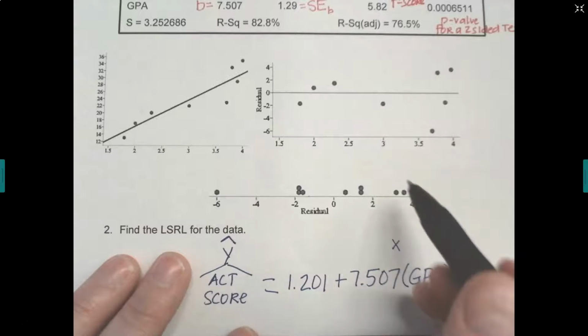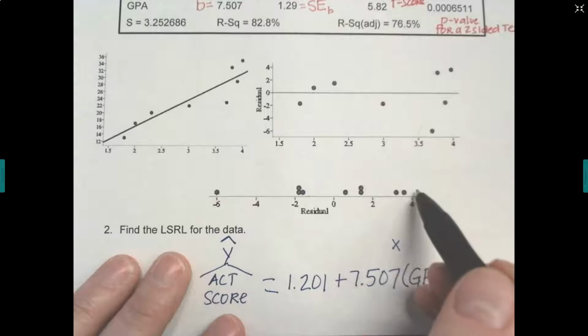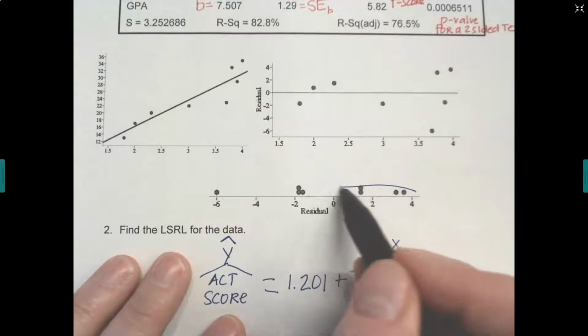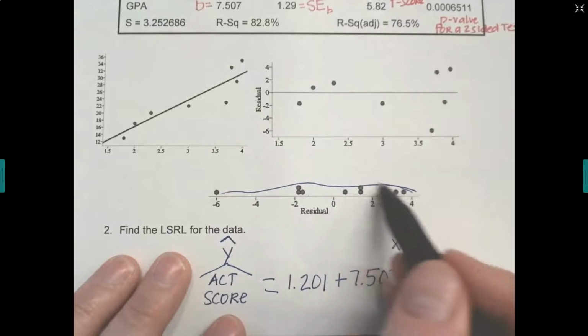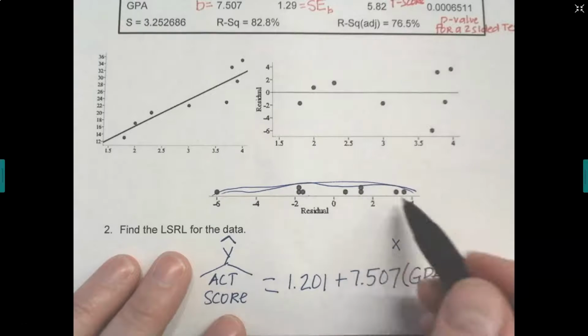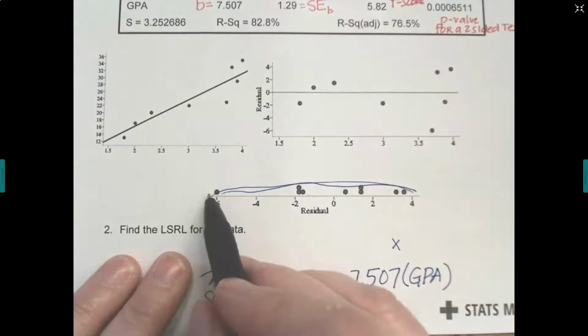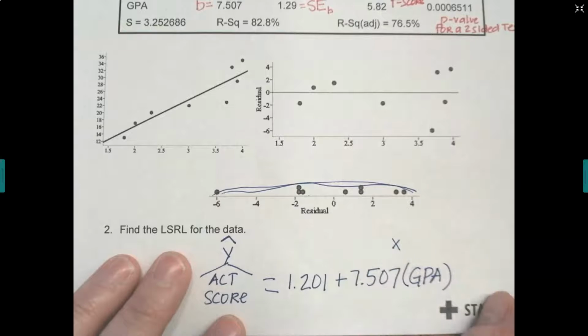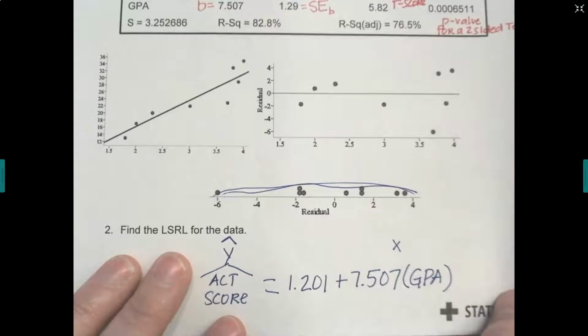Maybe this is a residual outlier. But it's kind of even. It's not really skewed. I don't have all of them over here and just this guy over here. So we're going to say that it appears to not be strongly skewed or have any outliers.